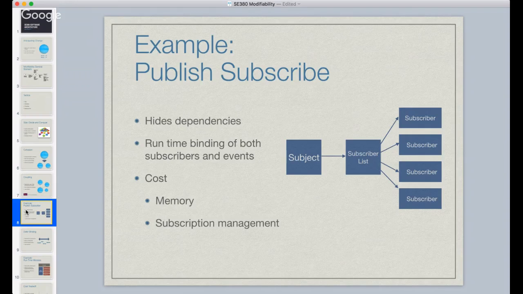What we do is, if a particular subject is being observed by a number of subscribers, I can decrease the coupling between the subject and the subscribers or the observers of that subject by delegating the responsibility to the subscriber list and saying, well, if the subject changes state, I'll notify the subscriber list manager, and it in turn goes out and updates all of the subscribers and says, hey, that subject just changed.